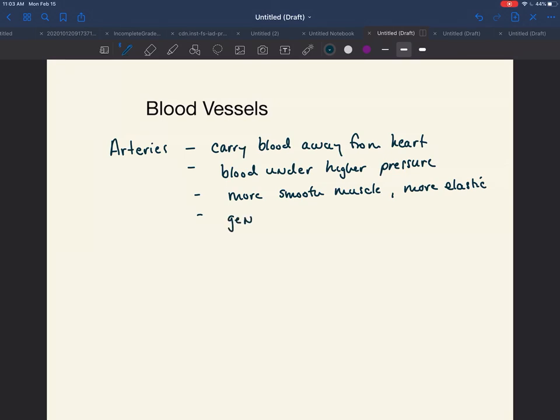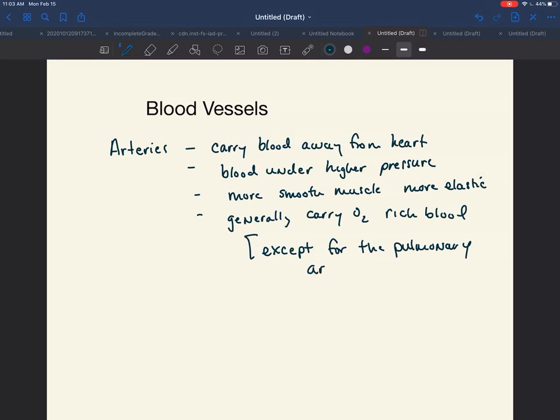Okay. When we talk about the arteries, they generally carry oxygen rich, O2 rich blood, except for the pulmonary arteries.